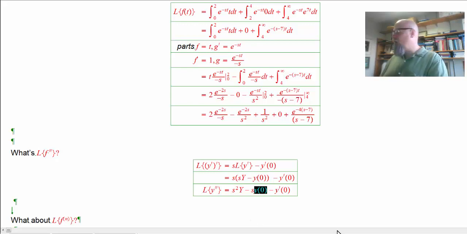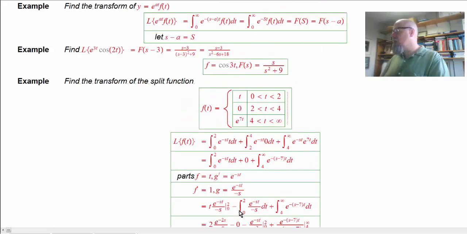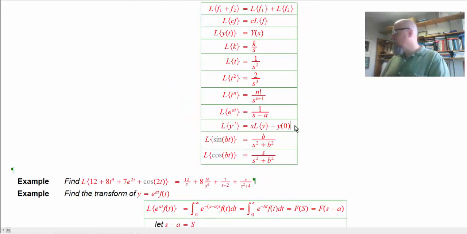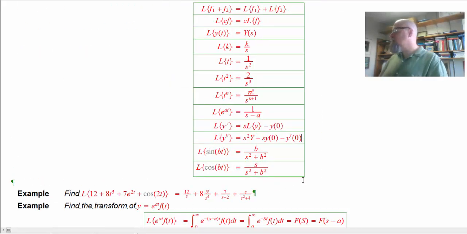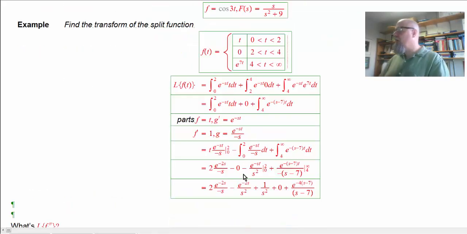That's a number. That's given in the question. Y prime naught, that's an initial condition. That's given in the question. Those are both numbers. So let's add this to our chart, and we'll put it in right here.